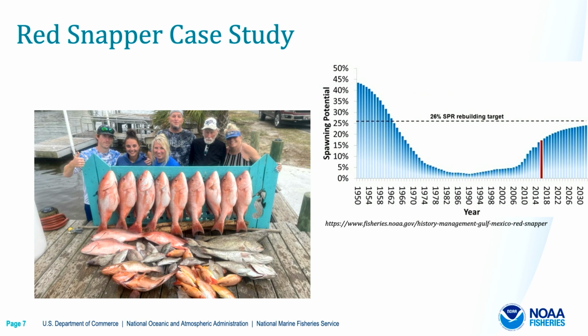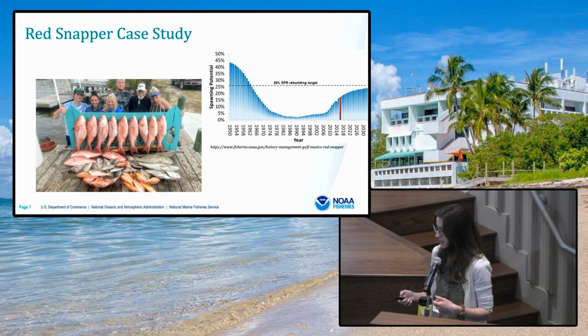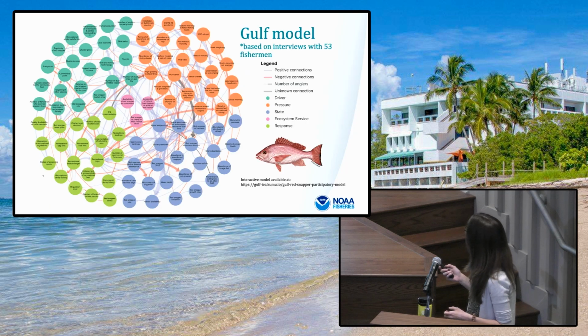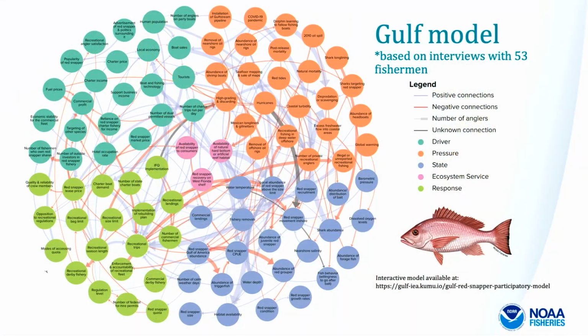So it's a really complex fishery, a lot of things going on, and it's really important that we understand the various dynamics that could influence it. I'll skip right over the methods here for the sake of time and just show you this model that you can't read at all, but that's fine.